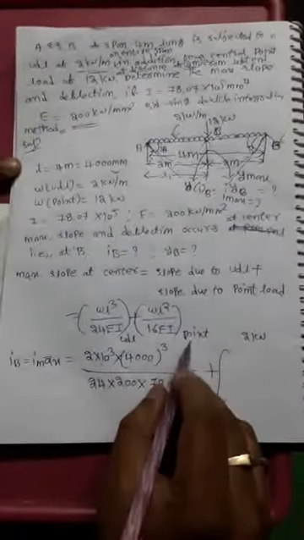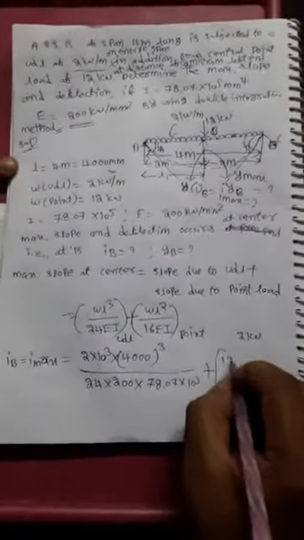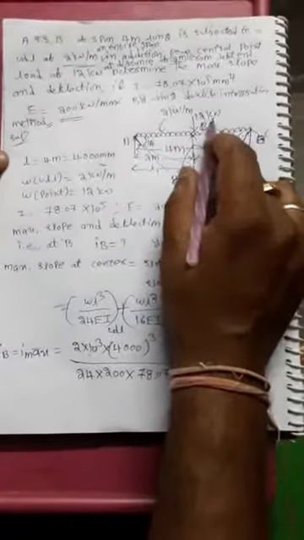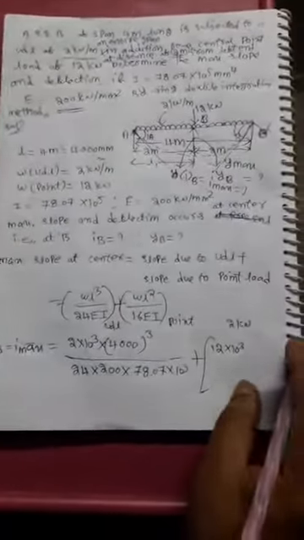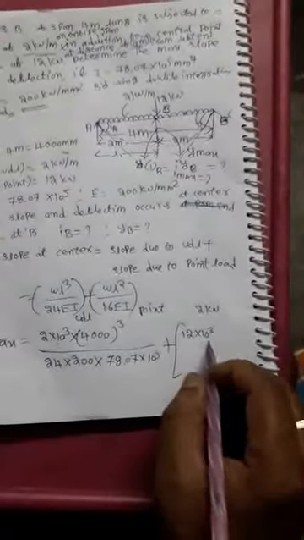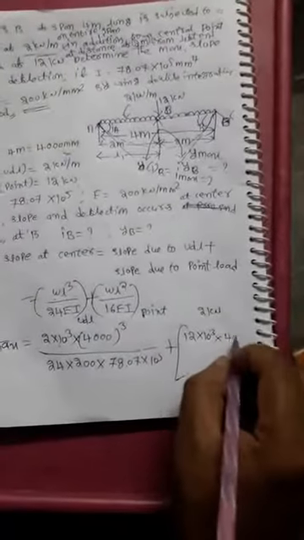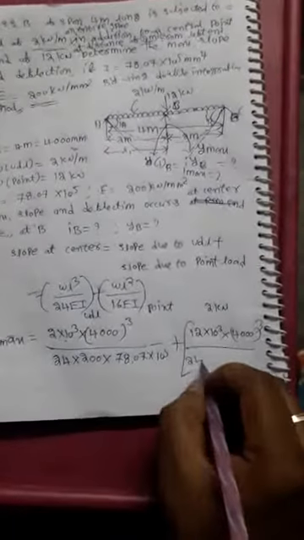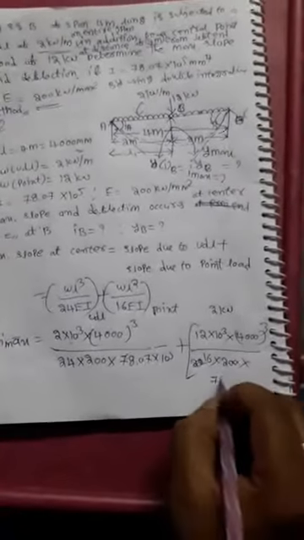Plus, for the point load, W is 12 kilonewtons, so 12 into 10 to the power of 3 to change kilonewtons into newtons, and L is 4000 whole cube by 16 into E equal to 200, and I equal to 78.07 into 10 to the power of 5.